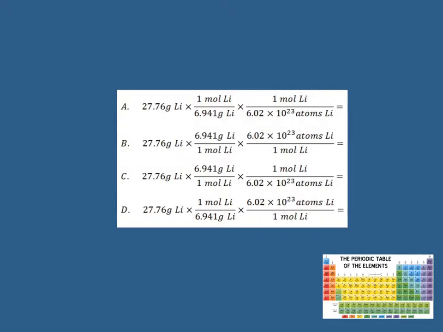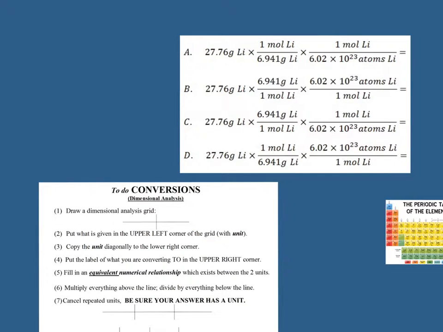Let's look at the setup of a dimensional analysis problem. So here are some multiple choices, and I can tell just by the starting amounts that they give me that I'm going to be converting grams into something else. And so my task here now is to make sure that we have followed our steps for dimensional analysis. So I've added here the chart that we've been using, and it says to draw a dimensional analysis grid.